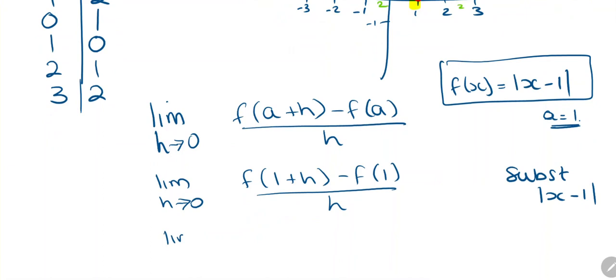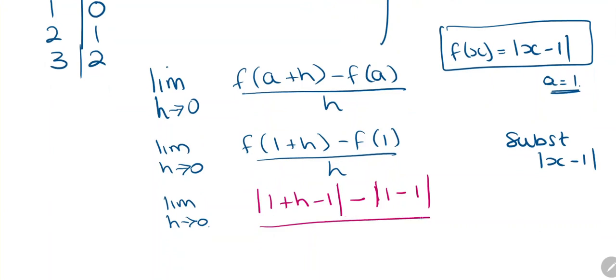So the limit, so we'll have, this is going to be as x, so we don't need f now. We're going to have the absolute value of 1 plus h minus 1, minus the absolute value of 1 minus 1, all over h.